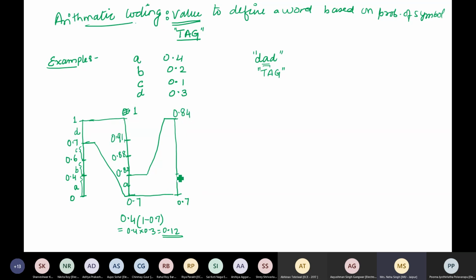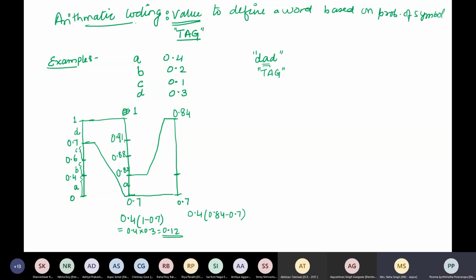What will be the first interval? The first interval is 0.4 times the entire range. So what is the first value? 0.4 into 0.82 minus 0.7. So how much is this?